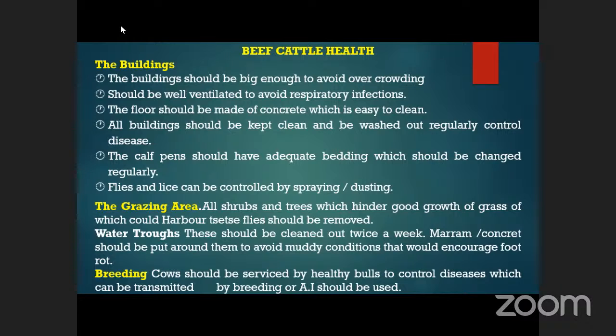What happens next? Number one, you have to introduce sperms into the vagina such that the animal becomes pregnant and produces you another calf. Why do you do artificial insemination? To avoid transfer of diseases, because some diseases are transferred through sperms.